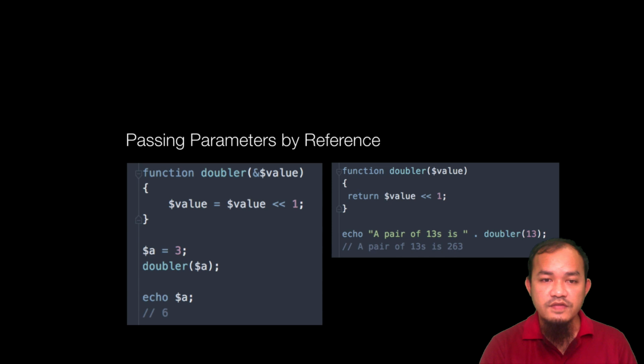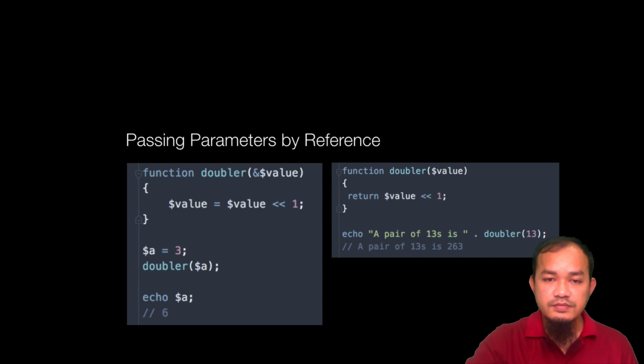But the first example tries to double by using reference. It's not direct access to the value, but by reference. As you see, we have a equal to 3, and then doubler equal to dollar sign a, and then we assign by using ampersand. This is the difference between parameter by reference and parameter by value.